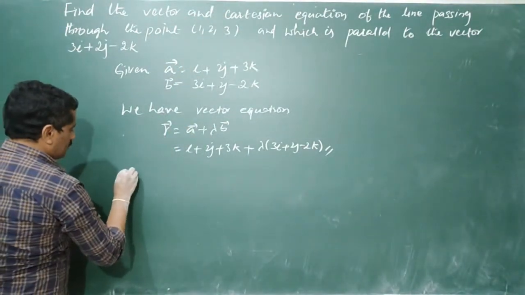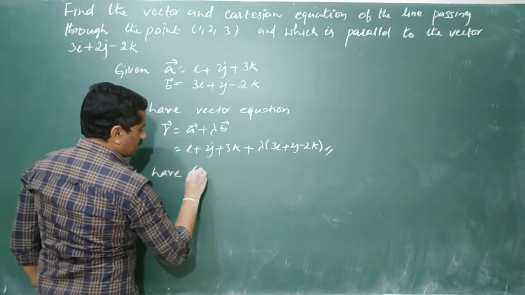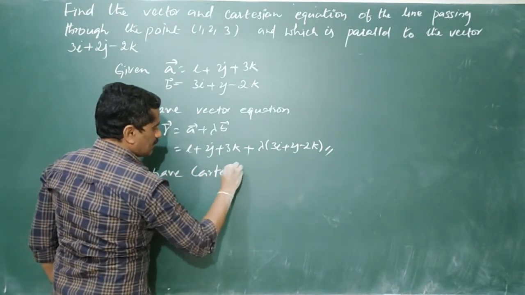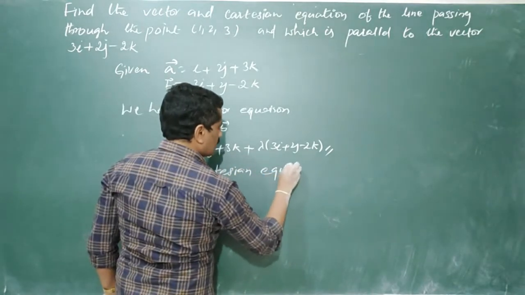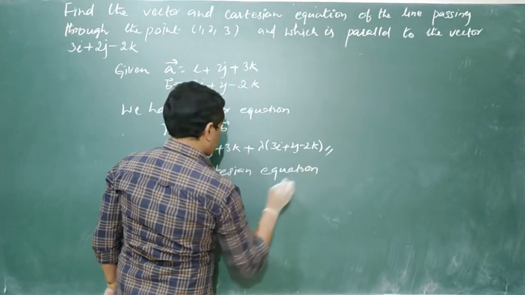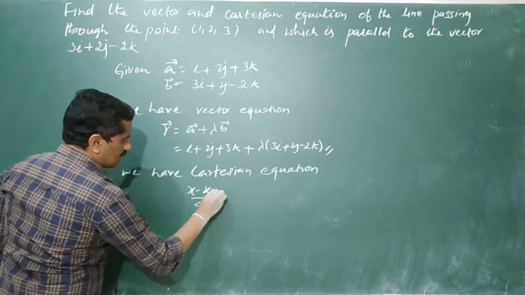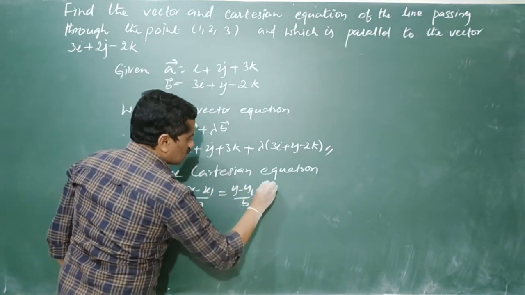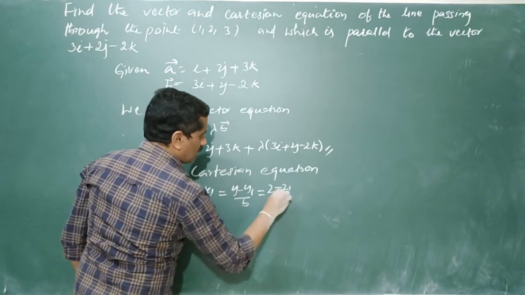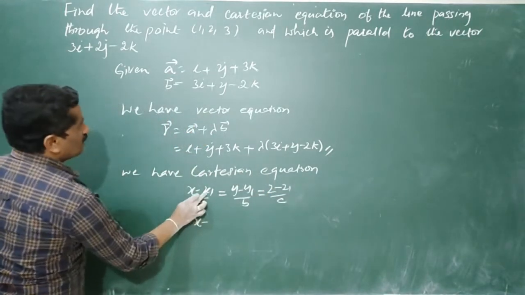Therefore we have the Cartesian equation or form, that is (x - x1)/a = (y - y1)/b = (z - z1)/c. Again that implies x - x1, what is x1 here?